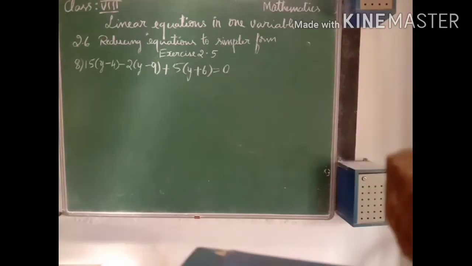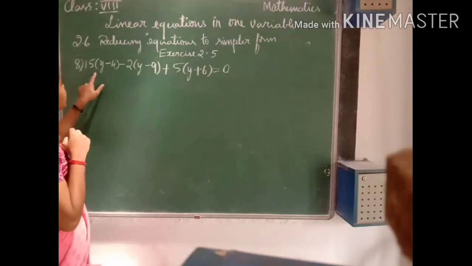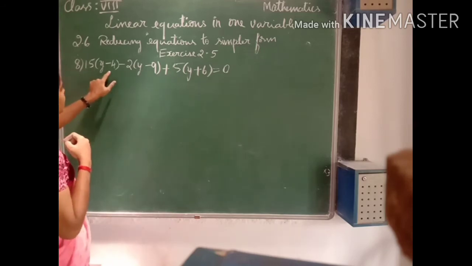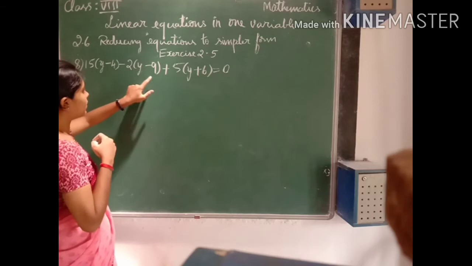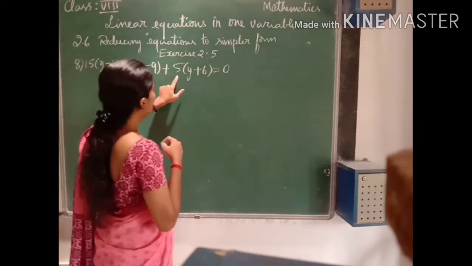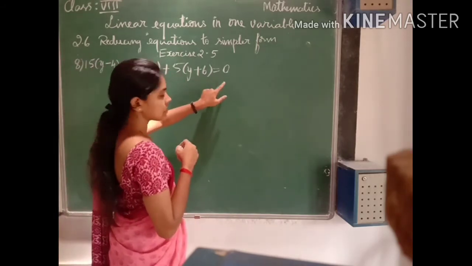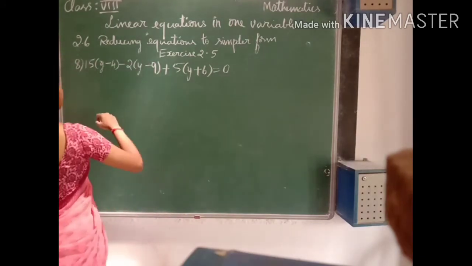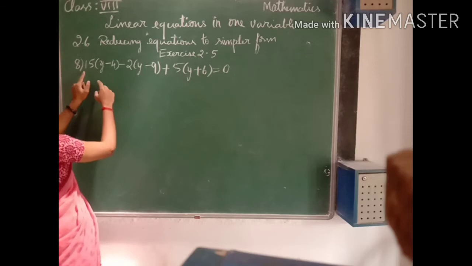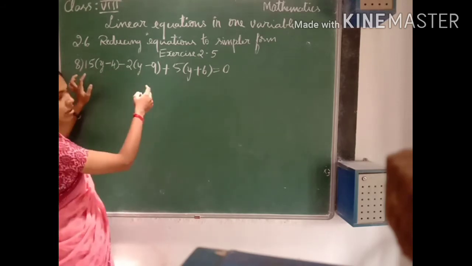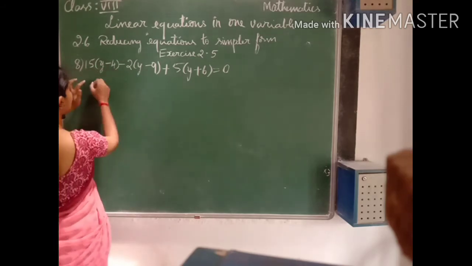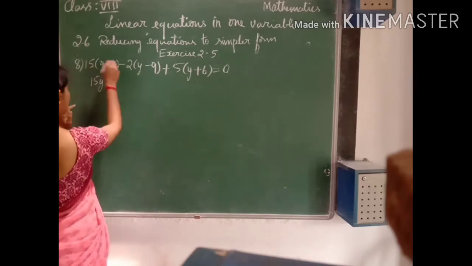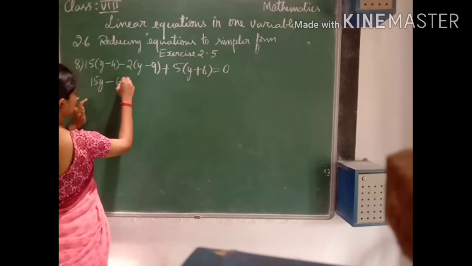Got it? Okay, now I will work out the 8th problem. 8th one: 15 in the bracket y minus 4, minus 2 into y minus 9, plus 5 into y plus 6 is equal to 0. Let us solve this. First you multiply the constant to the bracket. 15 into y is 15y, minus 15 fours are how much? 60.